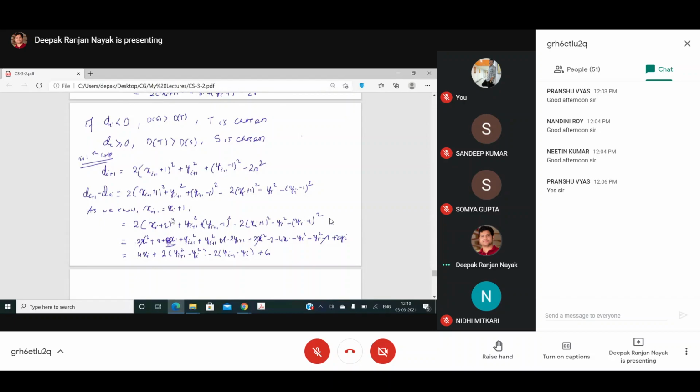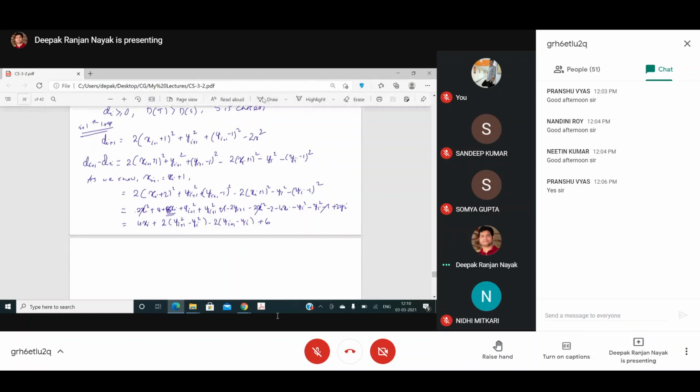Putting the value of x of i plus 1 as xi plus 1 in the equation, we finally got this value. Let me choose a color here.